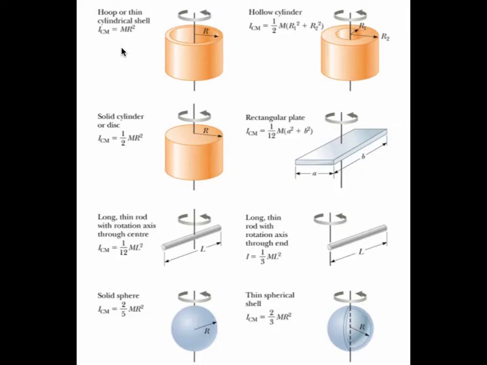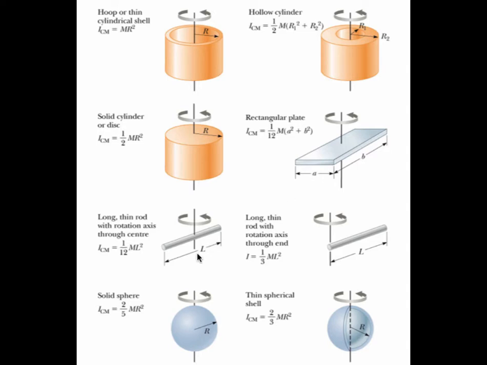This is the compilation of moments of inertia from the textbook, and you can see some interesting differences. For example, here for the hoop or the thin cylindrical shell, we have a moment of inertia of mr squared, whereas for the cylinder of the same mass we only have half of that moment of inertia, which illustrates nicely that mass as far out as possible contributes more to the moment of inertia than mass further inside.